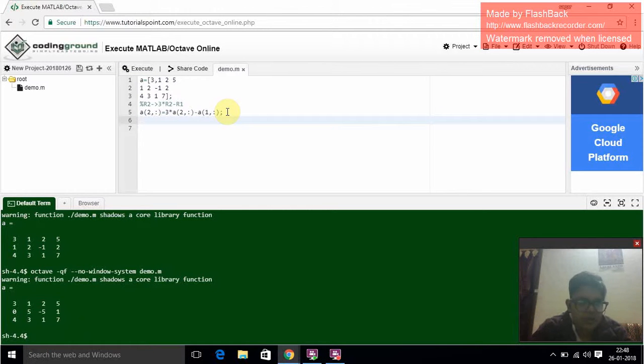Then the next step: now we want to make this 4 to be 0. For doing that we could multiply this 4 with 3 and this 3 with 4, and then subtract. We get 12 minus 12 equals 0.